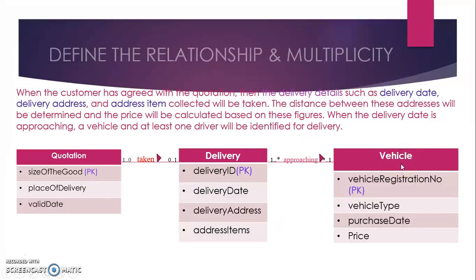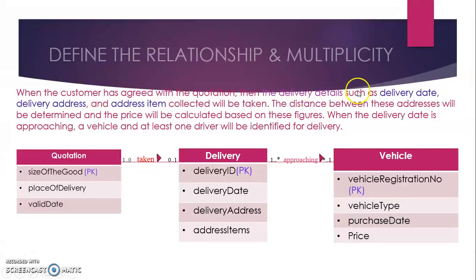In this paragraph, we can identify the multiplicity. The customer has agreed to the quotation, then the delivery details such as delivery date, delivery address, and delivery items collected will be taken.